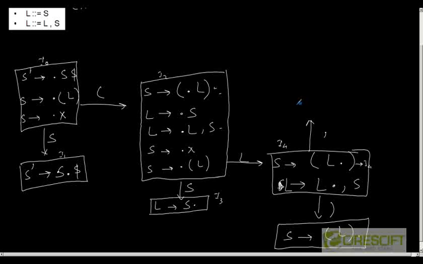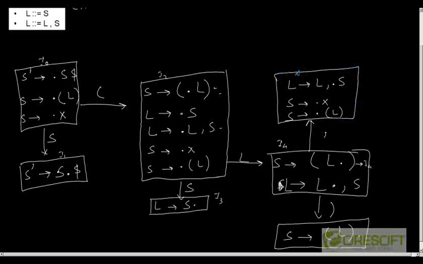If you consume a comma, the first item will be L as L comma dot S. Now since after the demarcator the non-terminal is S, and for S you have two productions, you will also include S as dot X and S as dot L. Understood?